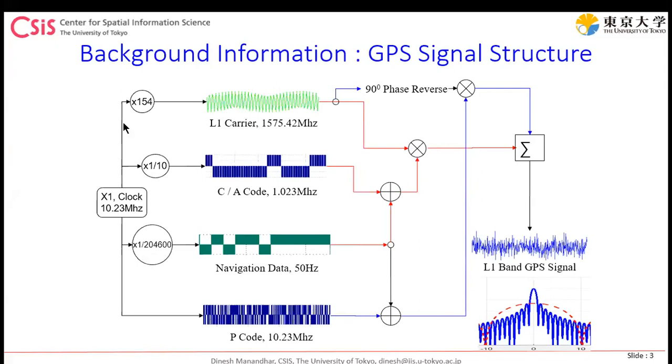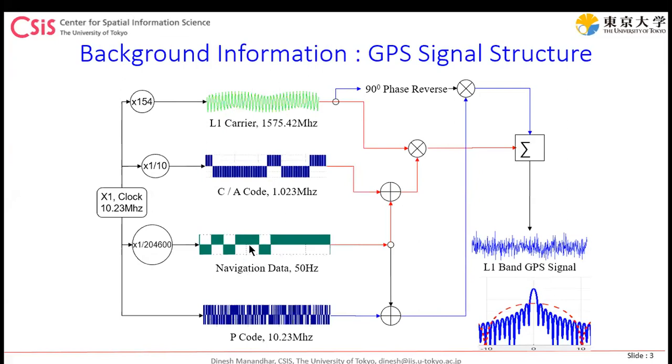We have a carrier signal, which we call L1, L2, L5. These L1, L2, L5 mean we have different frequencies. Then we have the PRN code, also called the CA code. And we also have the navigation data.